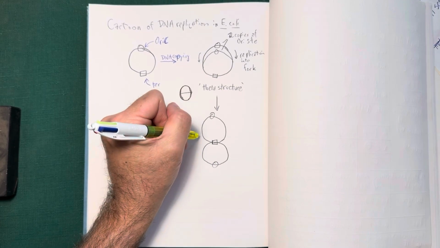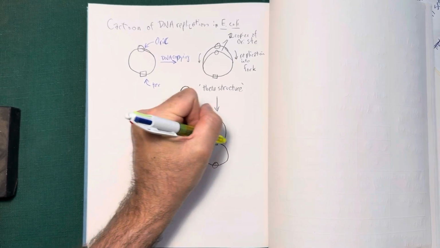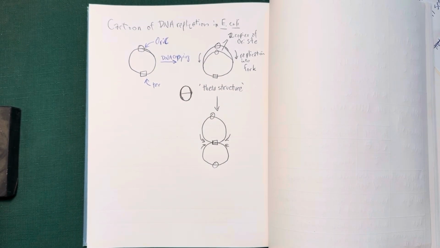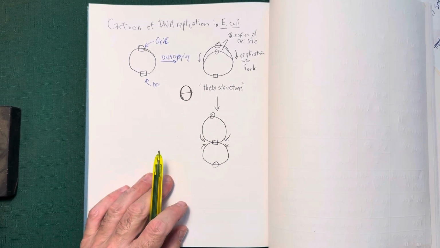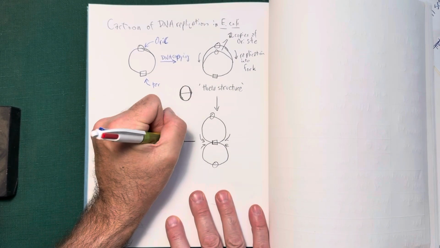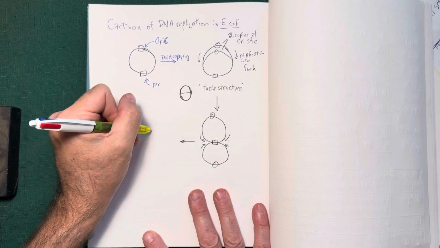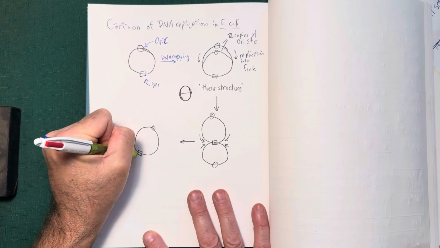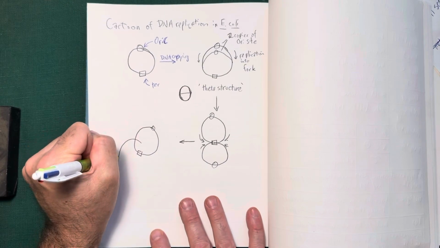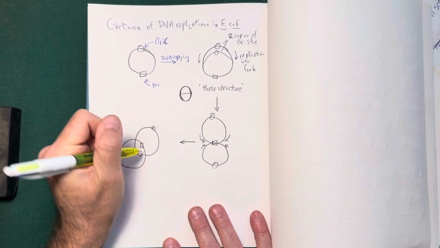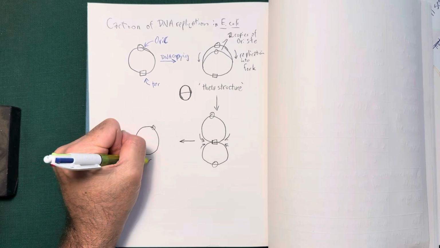Okay, so now you can see we've continued our replication as we approach the TER site. Maybe these two replicons separate cleanly, but there's a couple of problems that may occur. One is we may get what are known as catenanes.